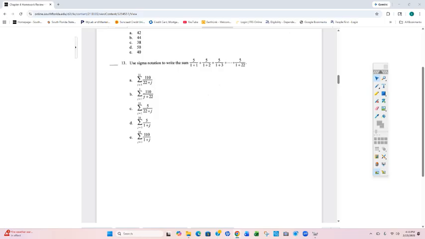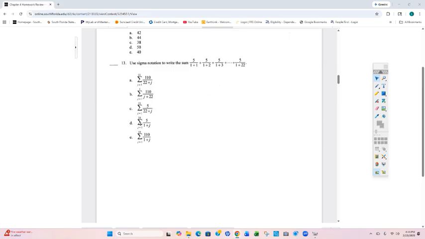B, you have your capital sigma again. On bottom, j equals 1, on top is 5. Then the function is a fraction, 110 on top, j plus 22 in the denominator. C, sigma symbol from j equals 1 to 22. The expression is a fraction, 5 in the numerator, 22 plus j in the denominator.